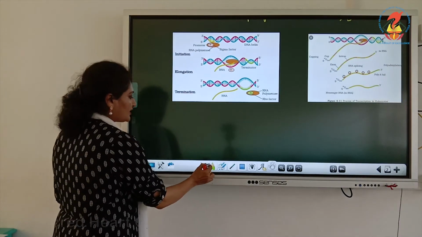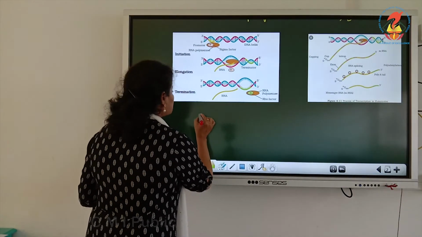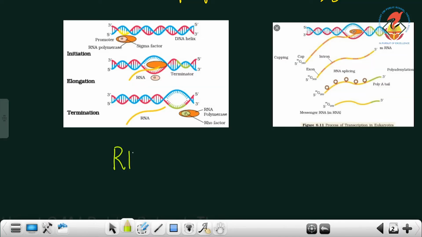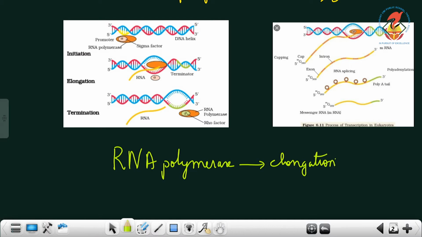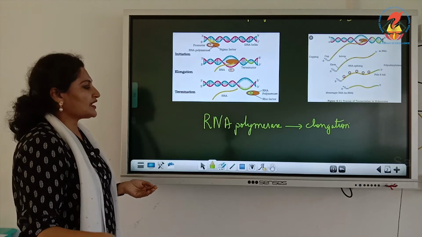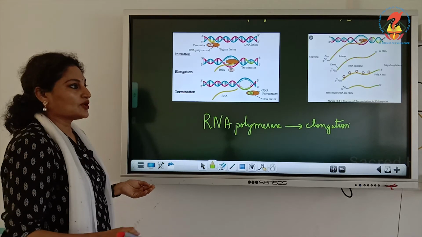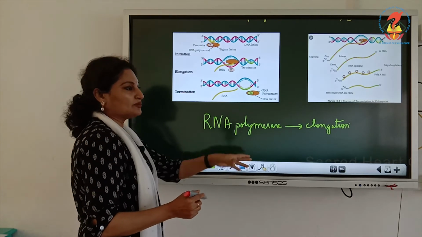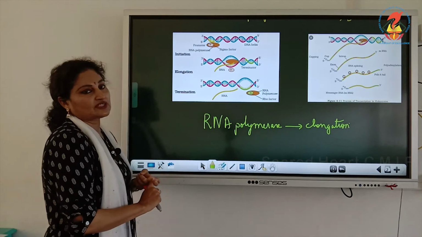Actually, this RNA polymerase functions only for polymerization. It only helps in elongation, that is by adding the appropriate nucleotides or bases. It helps only in elongation, but to initiate and to terminate it should get associated with some factors.